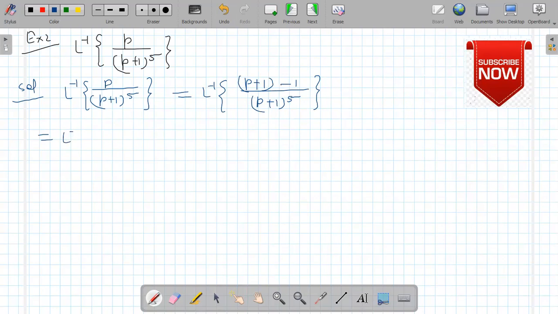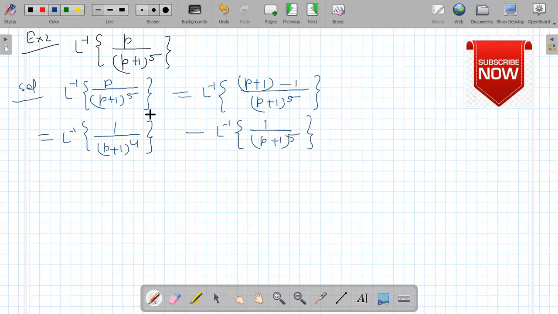This is equal to Laplace inverse of p plus 1 upon p plus 1 raised to the power 5, because p plus 1 and this is also p plus 1, so one p plus 1 will be cancelled out. So I should write here 1 upon p plus 1 raised to the power 4. That would be better. And this is Laplace inverse of 1 upon p plus 1 raised to the power 5.